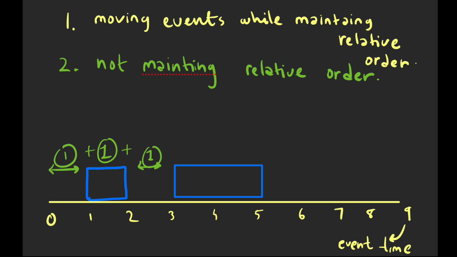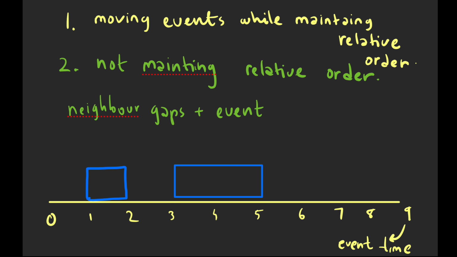So the summation of its neighborhood gaps plus the event time itself, right? If we move this first event to some other place, we get the maximum free time as the summation of its neighboring gaps plus the event time itself.